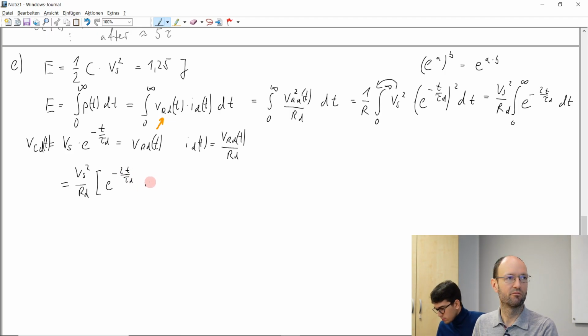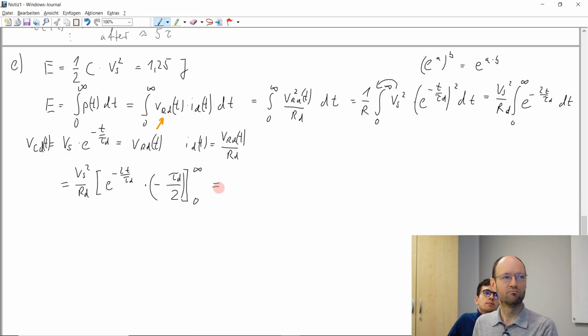So we need to multiply by 1 over this, so the 2 goes to the denominator and the tau d goes to the numerator. And we also need to have this minus there, because we have a minus there. And we still have it from 0 to infinity.